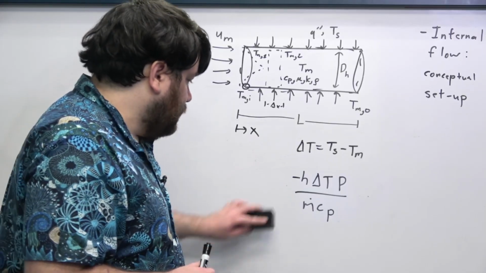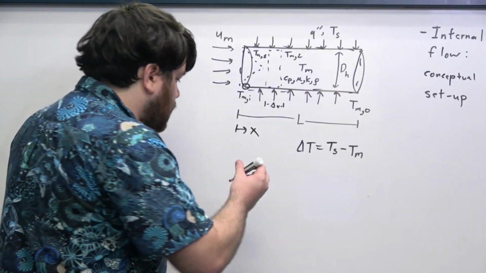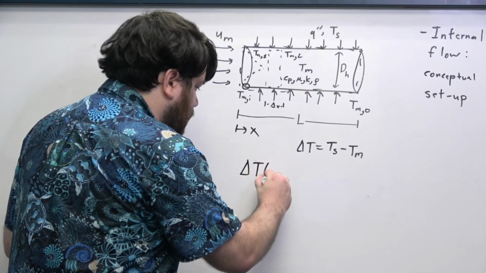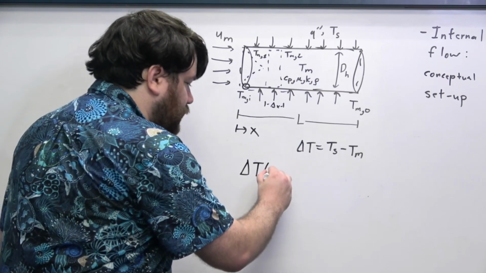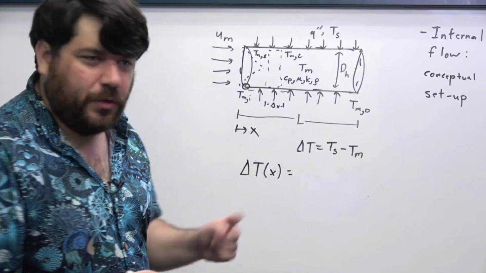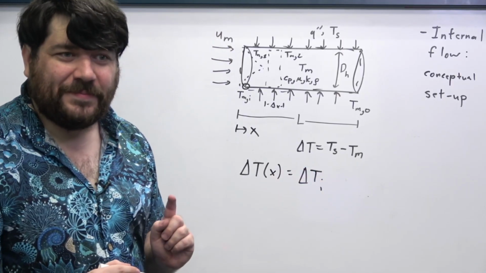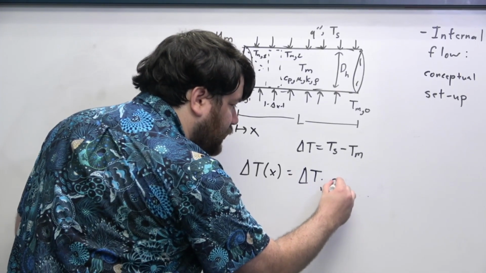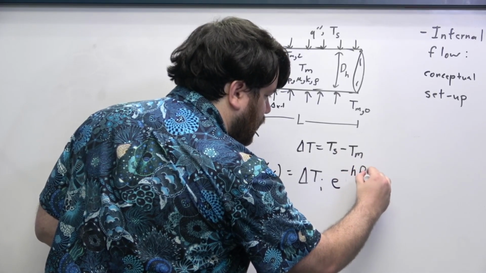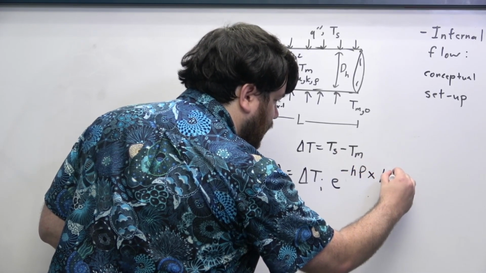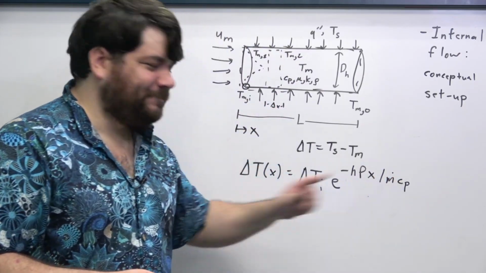What we will wind up getting is that the difference in temperatures between the surface of the pipe and the fluid as a function of x is equal to that initial difference at the inlet multiplied by an exponential, which is just e to the minus hPx divided by m dot cp. There it is.